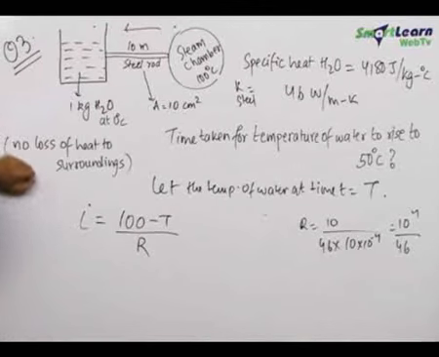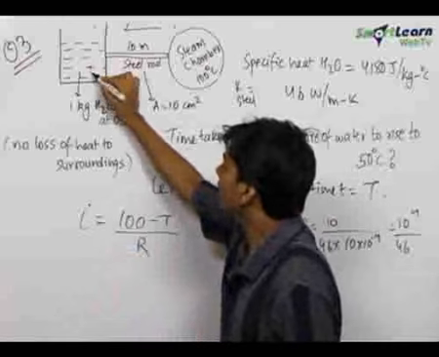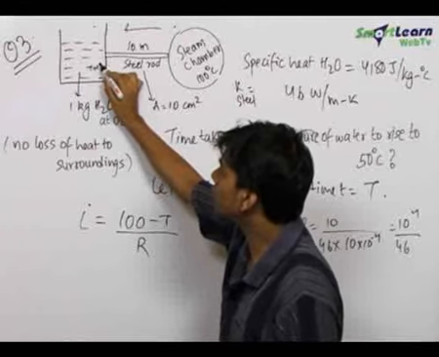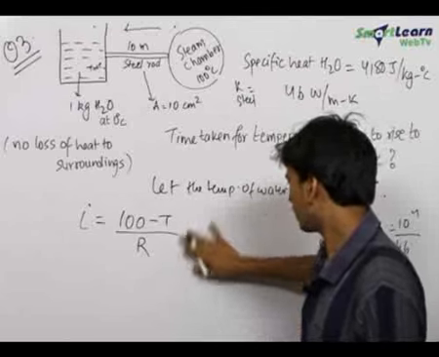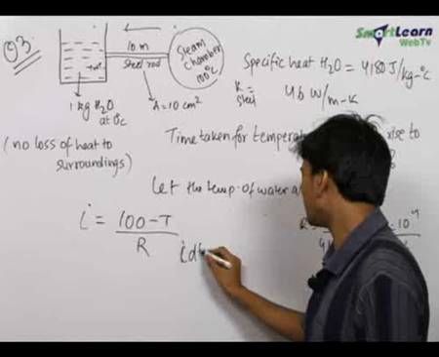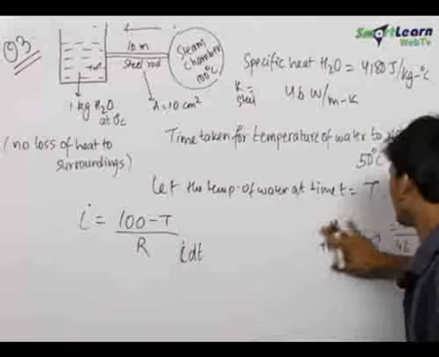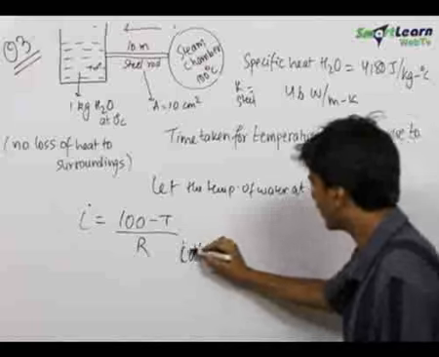This is the heat current. So when the temperature is T, it rises to T plus dT due to this heat current. This heat current multiplied by a small time interval dt will give you the heat supplied in dt time.